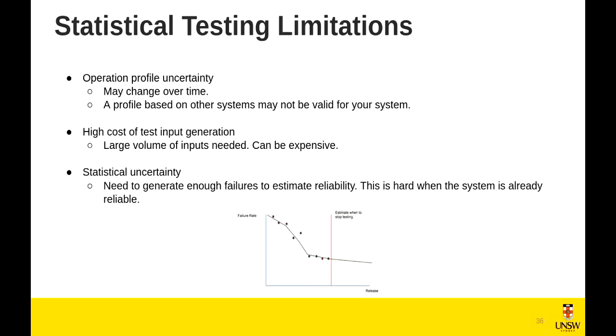And then we can set a particular level of failure rate, according to those metrics, to stop testing and release the software. So this is normally how we do statistical testing.